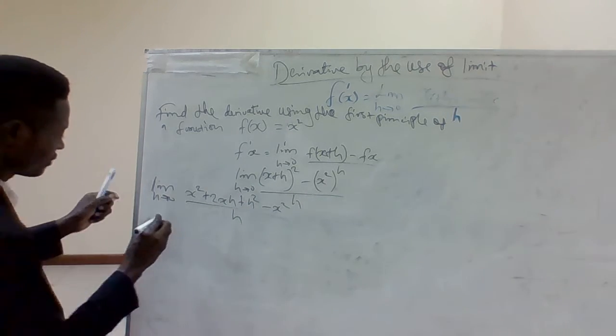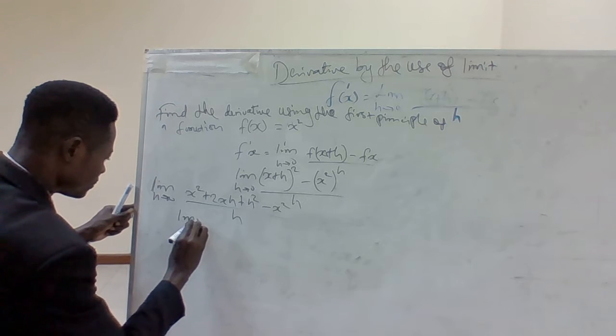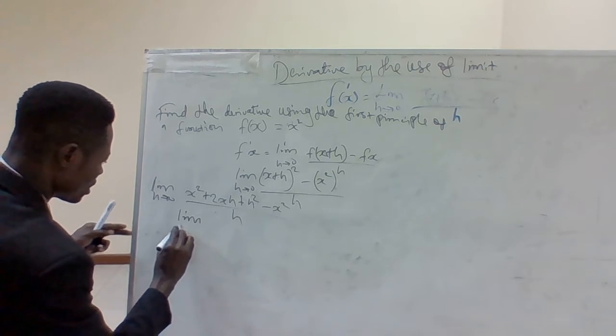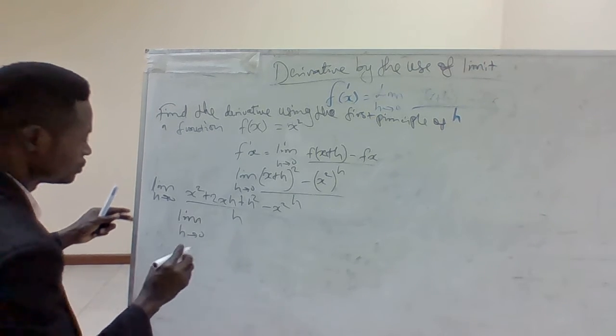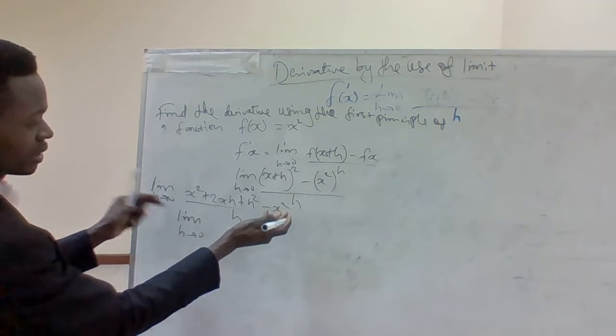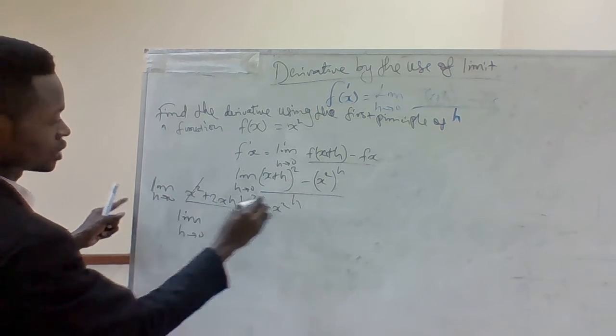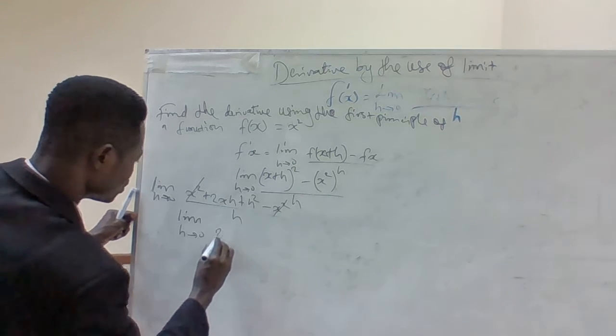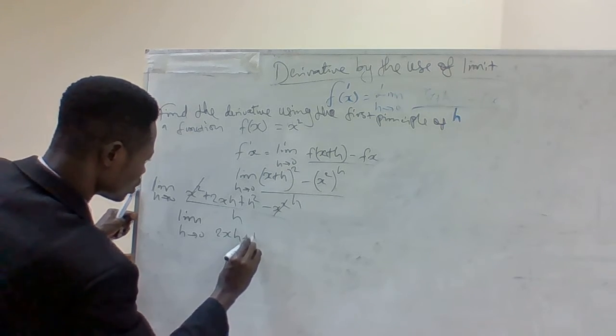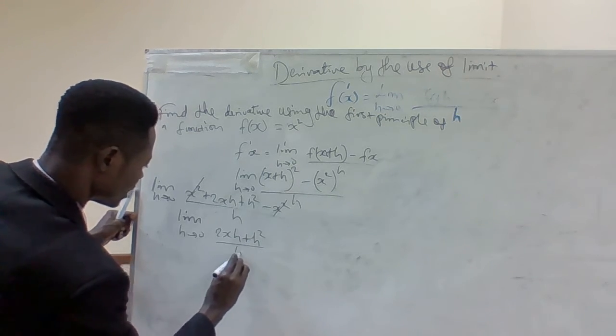So now you will have the limit as h approaches 0. Now remember we have x squared, so this will go, so that we are left with 2xh plus h squared divided by h.